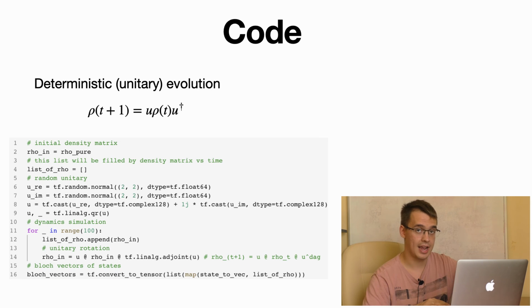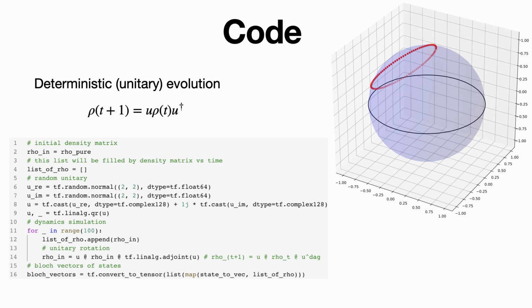So now let us again play with code and consider unitary evolution of a qubit. We can code this evolution up and calculate, as before, the dynamics of a qubit for 100 time steps. Let us have a look at the right hand side of the slide. One can see that the state of a qubit remains on the surface of the Bloch ball. That means that purity of states is preserved.